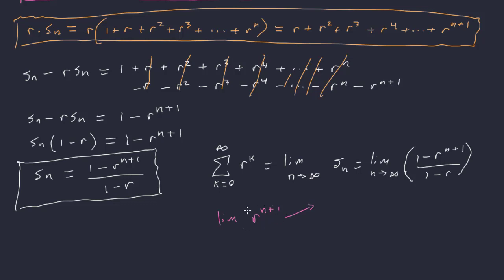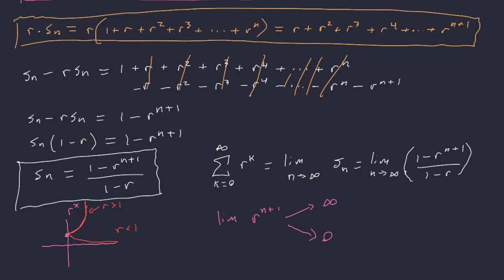The obvious thing is if this r is, say, greater than 1, say if this is 2, that's going to go to infinity. Or if this r is, say, less than 1, like 1/2, it's going to go to 0. So imagine if we looked at it in graph form, like r to the x. If r is greater than 1, you'll get exponential growth, and if r is less than 1, you get exponential decay.